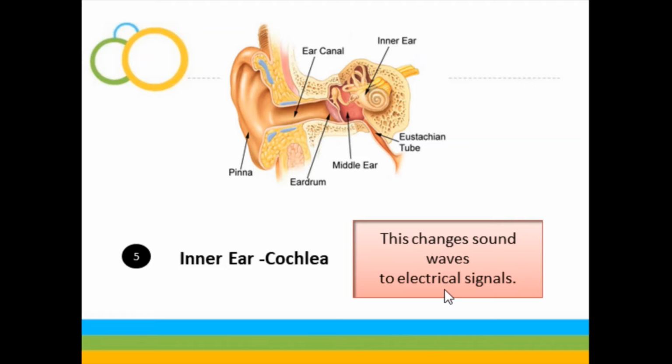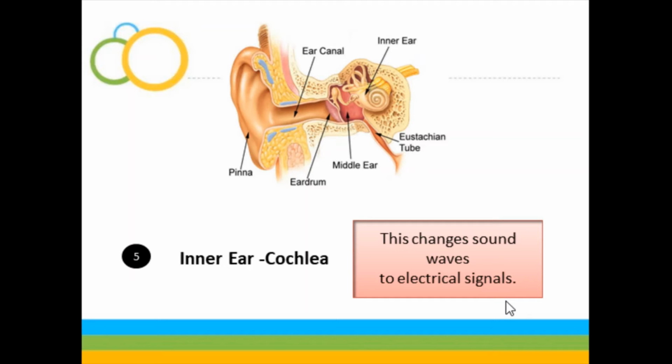So the cochlea transmits the nerve impulses going to the brain so that the brain can interpret what sound a person has heard.